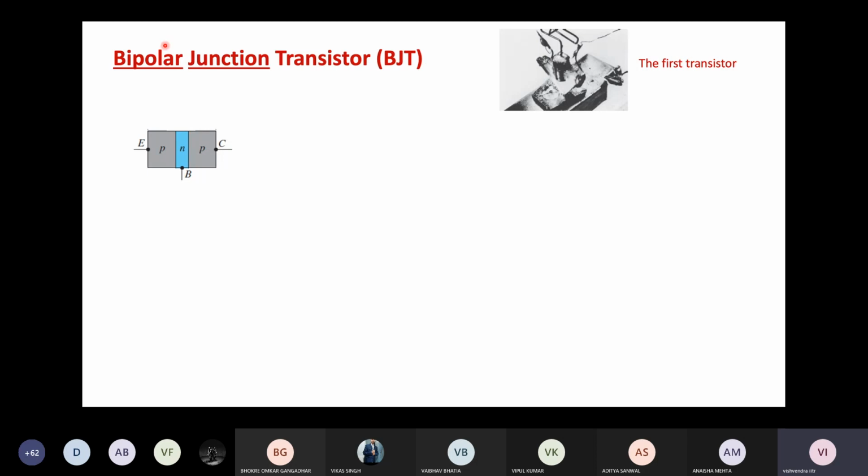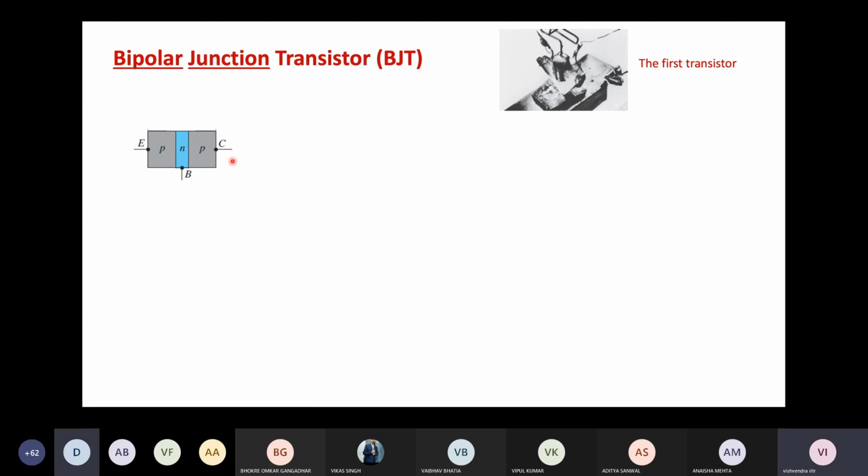Bipolar means that the current in this transistor, or this transistor action, is performed by both electrons and holes, which means both polarities of charge carriers. Electrons are negative polarity charge carriers, holes are positive polarity, and both participate in order to achieve transistor action in this transistor.